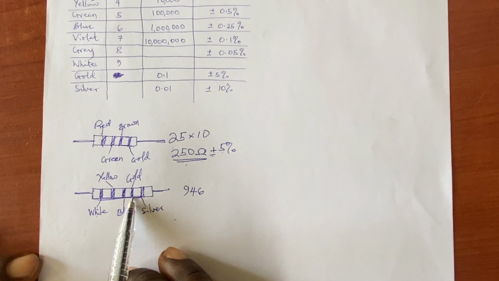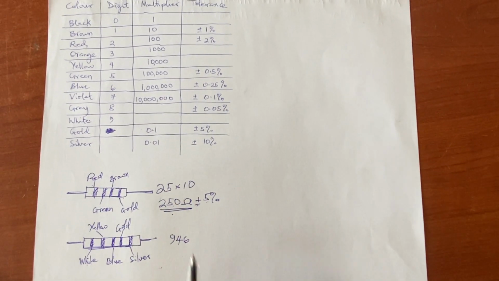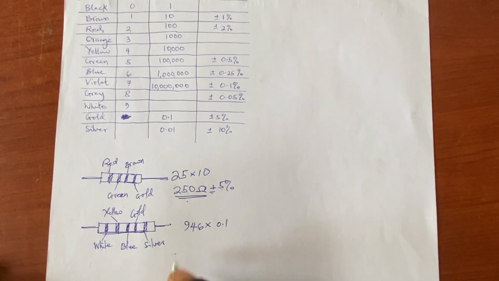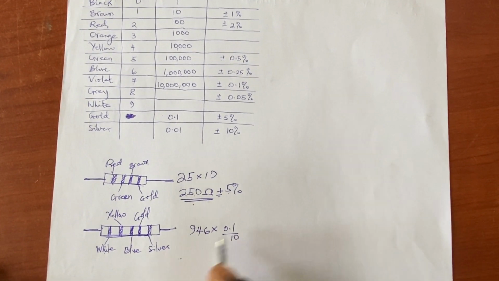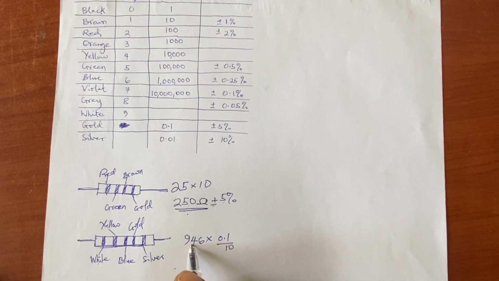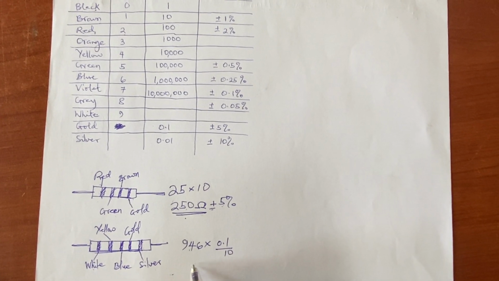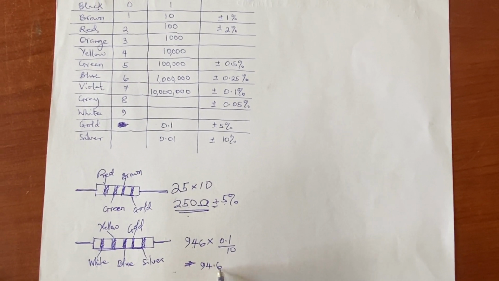Now, how do we use this gold as a multiplier? The gold is 0.1. So we are multiplying by 0.1. How do you do this? This is over 10. So that means we are dividing this 946 by 10. And when we do that, we are going to have 94.6.